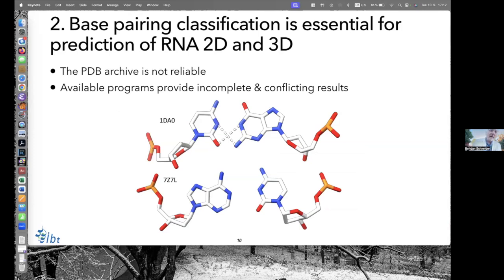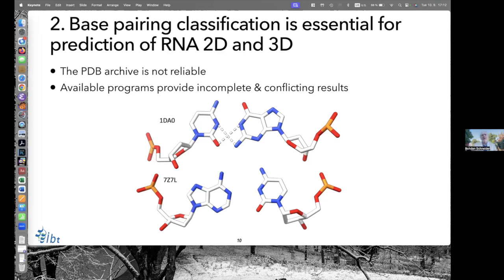Okay, next thing I mentioned is base pairing, and this is really essential information from the biological point of view, because we all know about basically coding pairs, CG, AT, but then, especially in the RNA world, the non-canonical pairs are very important from the evolutionary point of view.